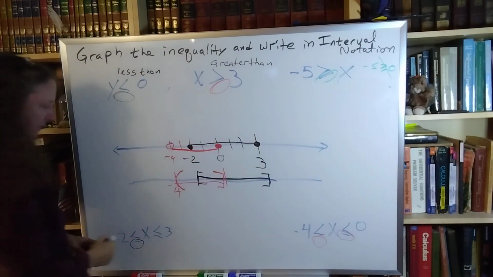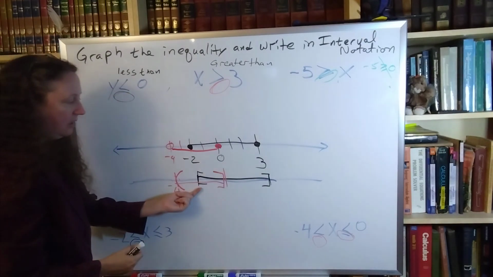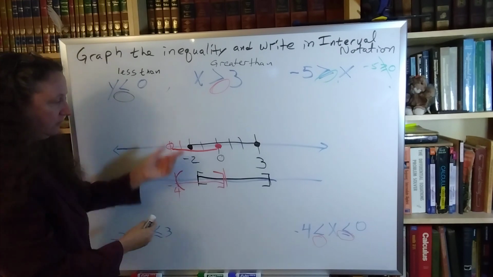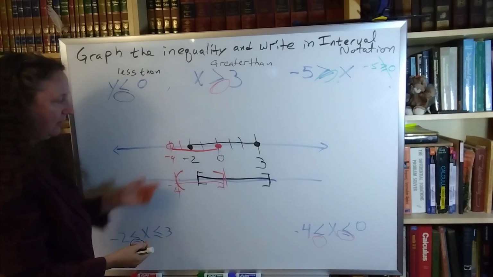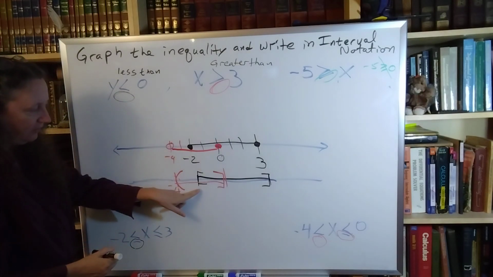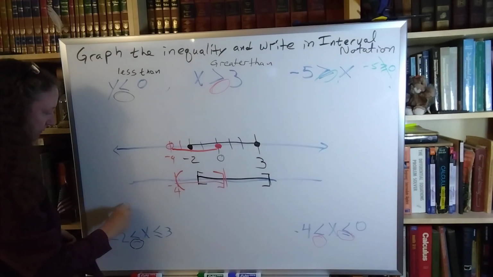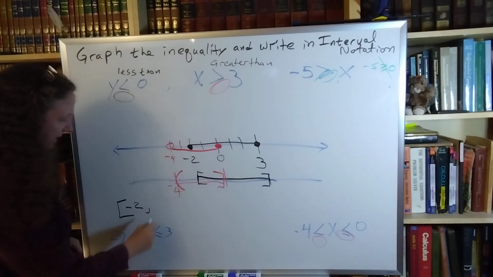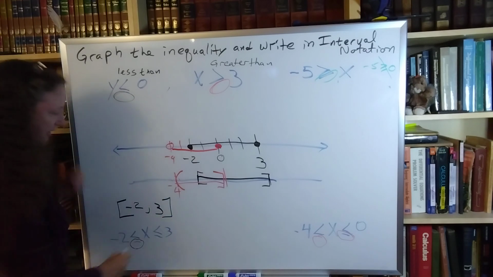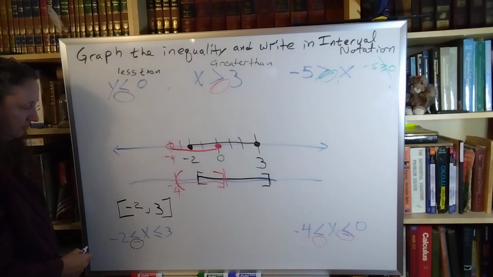Okay, so for this one, going in interval notation, it helps if you use the brackets and the parentheses rather than the dots. Because that is just telling you right there, I want to use my open bracket, my -2, comma, and that has a closing bracket. There's my 3, closing bracket. Okay, so these get square at both ends.